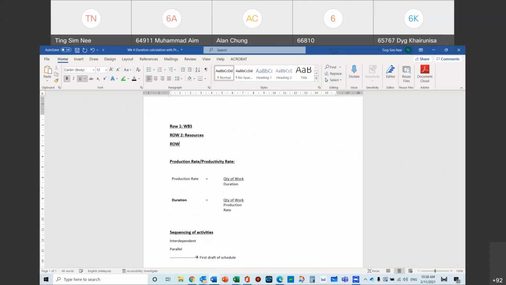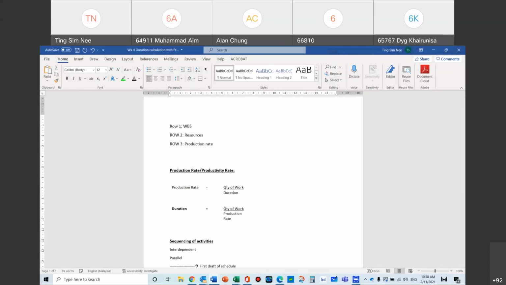Row number 3, we have our production rate, productivity rate. Don't you find this exciting? I mean, I totally find this exciting. This is like things are coming together, in that sense, into how you actually manage a project. I find it really exciting.